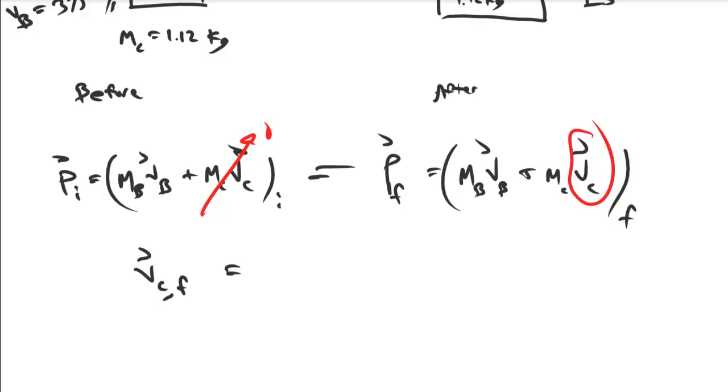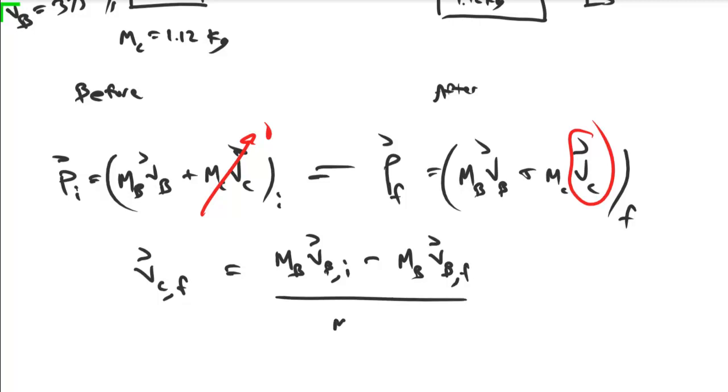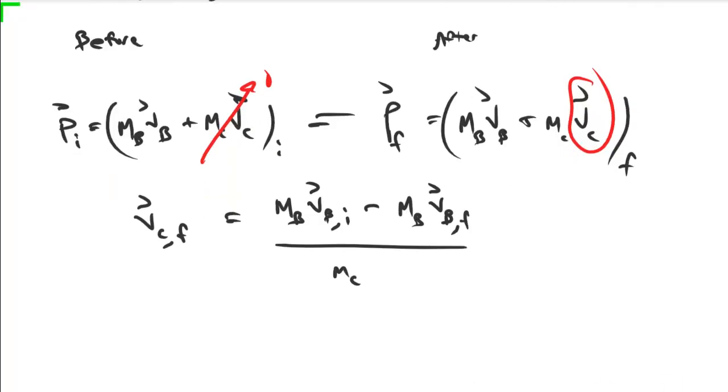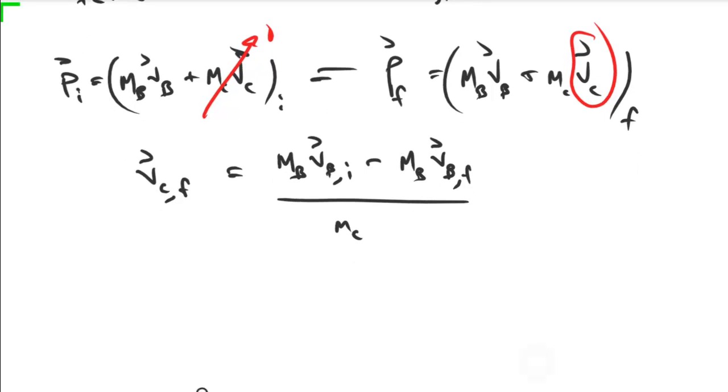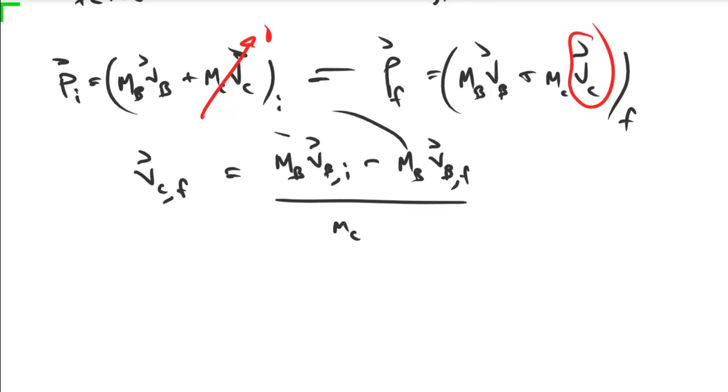This is going to be the mass of the bullet times the initial velocity of the bullet minus the mass of the bullet times the final velocity of the bullet, divided by the mass of the crate. That's not a vector. So this is what we would have for the final velocity of the crate. Plugging in, you can even factor out the mass of the bullet.